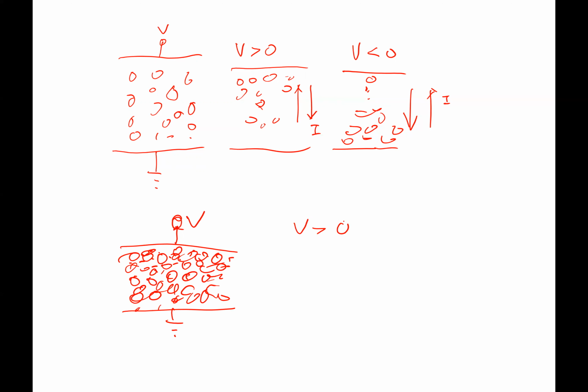you apply positive voltage to this electrode, and you see what happens. As I already said, electrons will be attracted to this, so this electron will try to move. Remember, you have many. Just look at one location, say inside this.